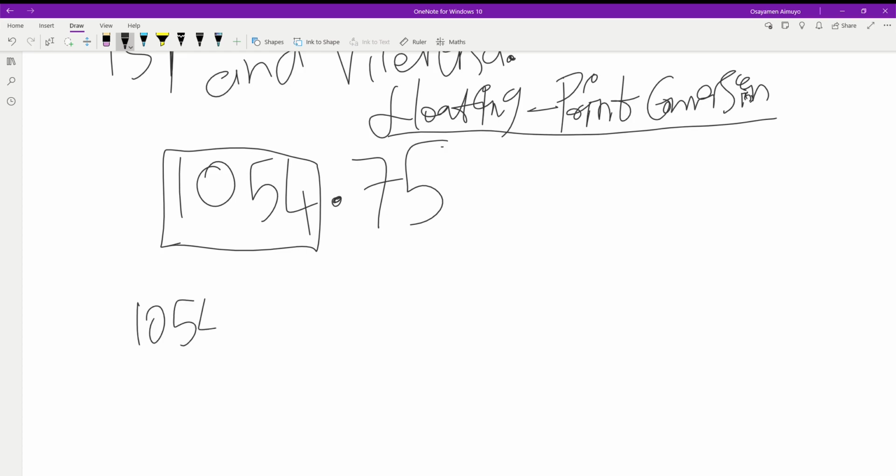So for 1054, that should be about, let's see, that's 10 bits. So it's 1024 plus 30. So that would be, oh my goodness, this is 256. So this is 0, 0, 32, yeah.